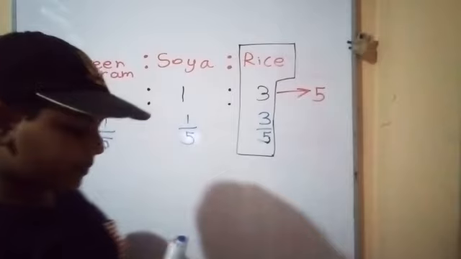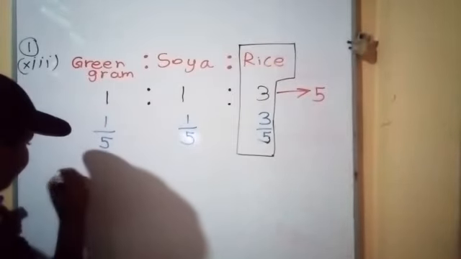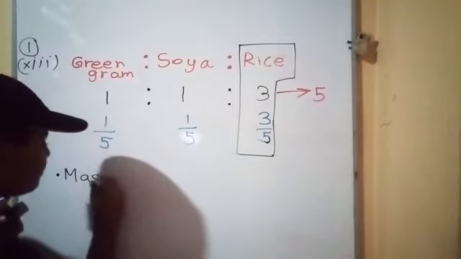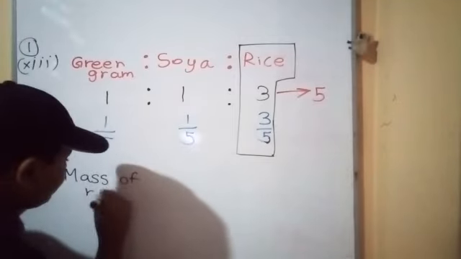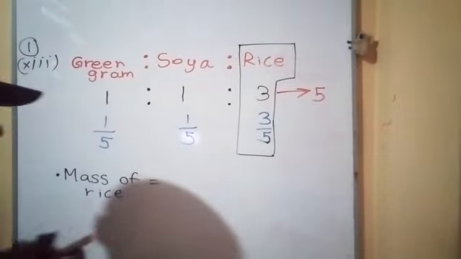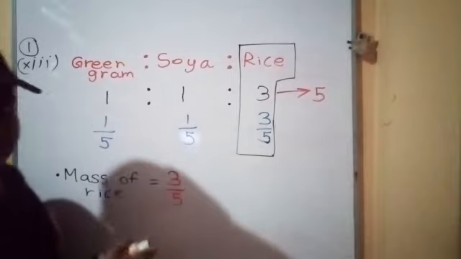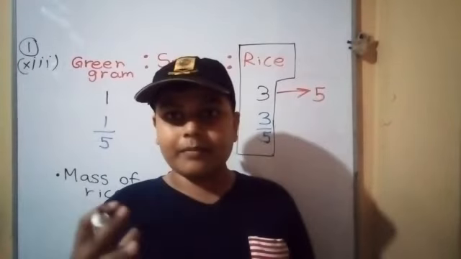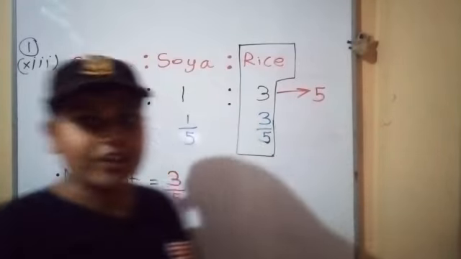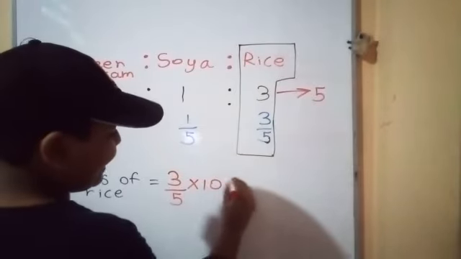In that, you can write now the mass of rice. What is the mass of rice? 3 over 5, no? In the nutritious food packet, they have 3 over 5 multiplied by 100 grams.